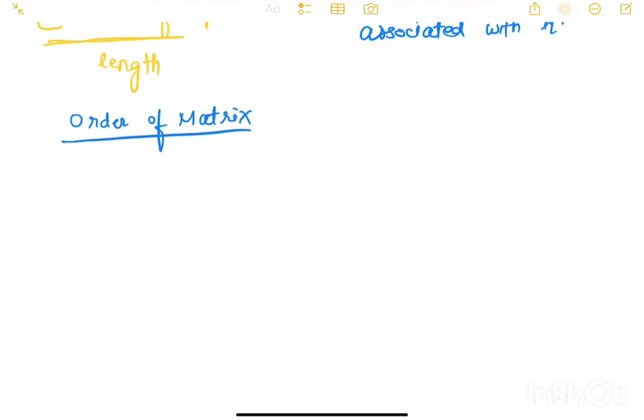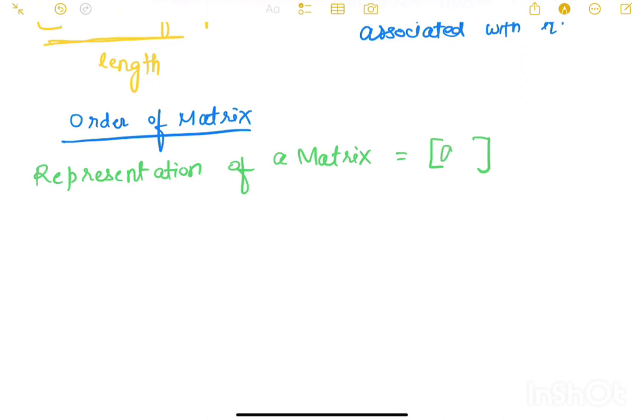Generally, when it comes to the representation of a matrix, we denote it in square brackets, and Aij are the elements.